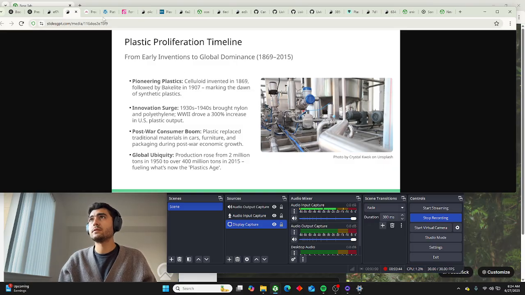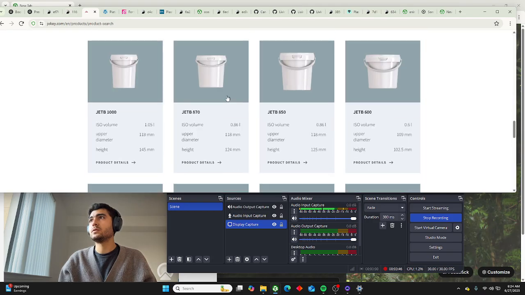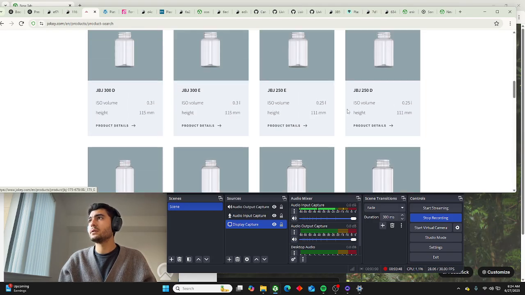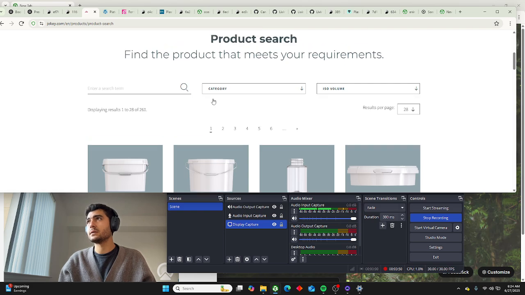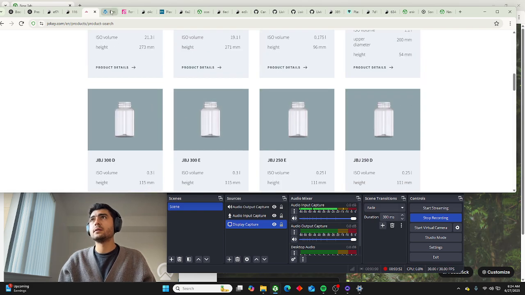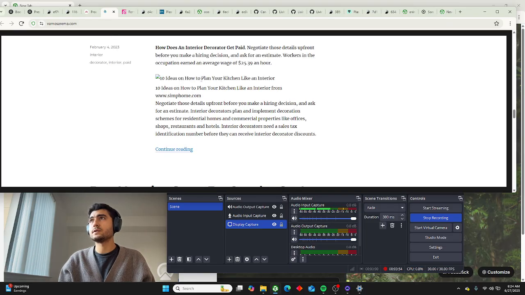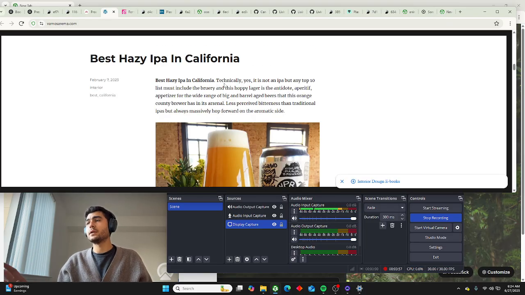Plastics are almost everywhere right now. Let me show, for example, these materials, they are producing a wide range of stuff. I just wanted to show buckets, packaging stuff mostly, and utensils.